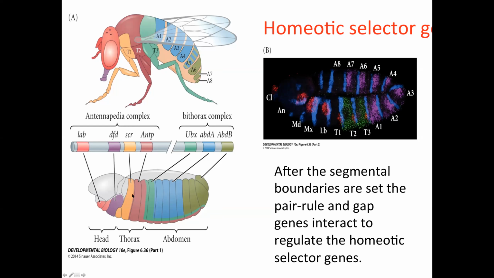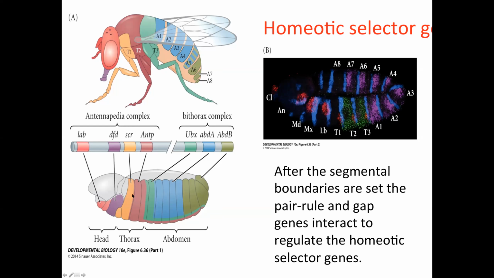So in a way, their expression is what is sufficient. Once the homeotic genes have been established, the structures that develop will now be set.